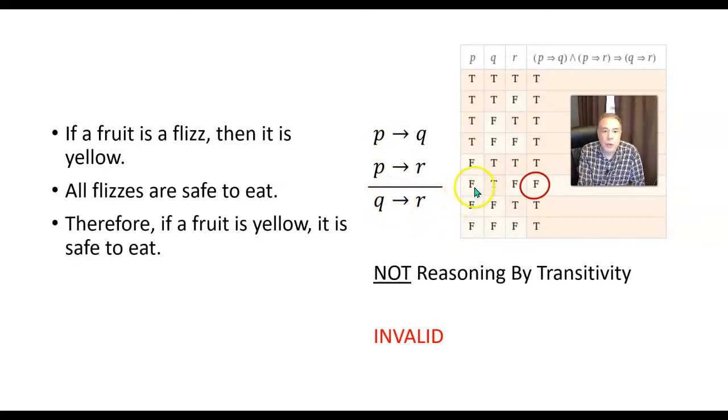And that happens when P is false, that is, the fruit is not a fizz. Q is true, that is, the fruit is yellow. And R is false, that is, it's not safe to eat. So you might have a fruit that's not a fizz, is yellow, but is not safe to eat.